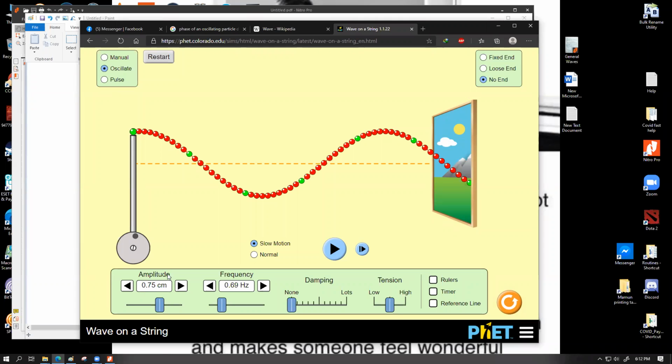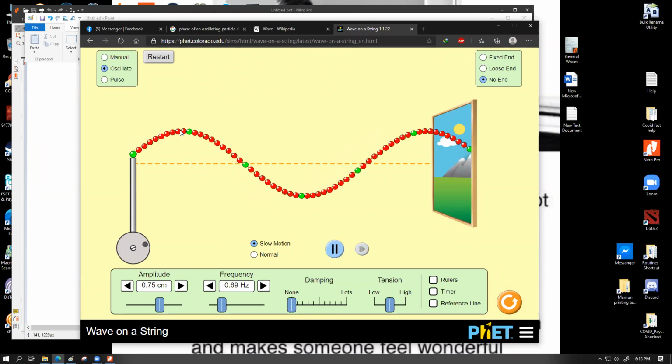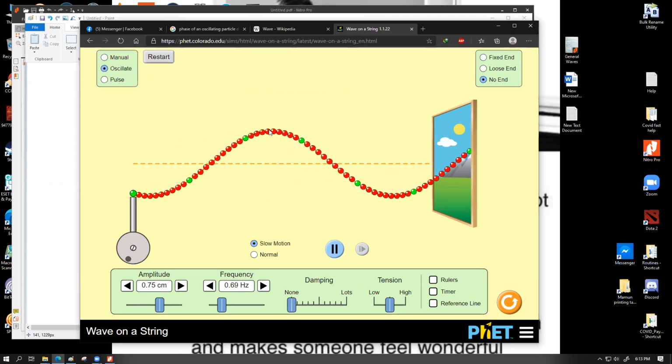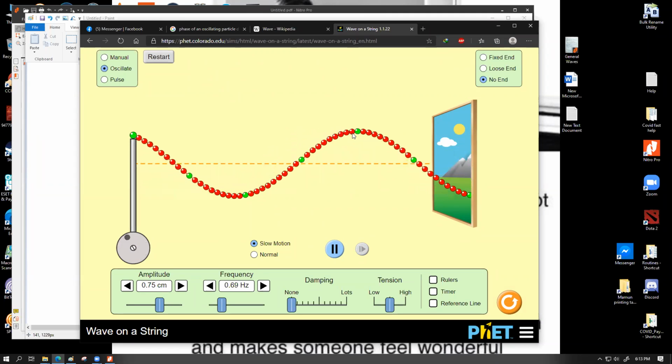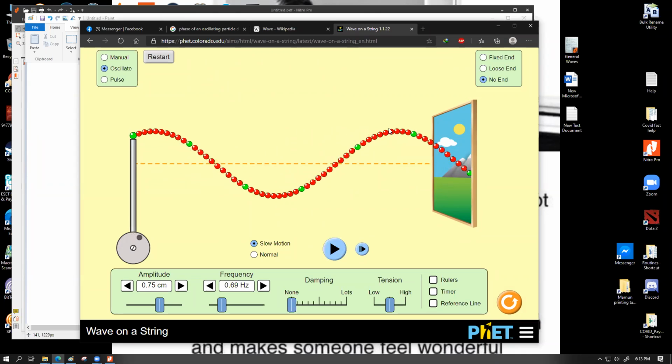In one complete oscillation, I'm not talking about this particle, I'm talking about the shape of the wave. This crest is traveling, and it just showed up over here. So in one time period, the distance that any crest or trough, or any wave to be more exact, covers is exactly 1 lambda.